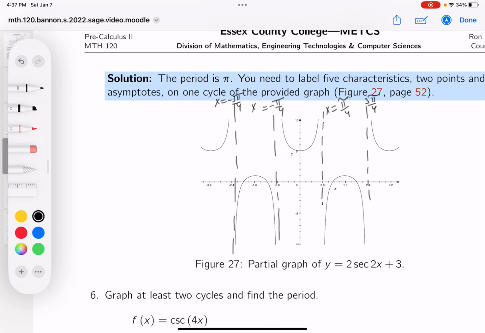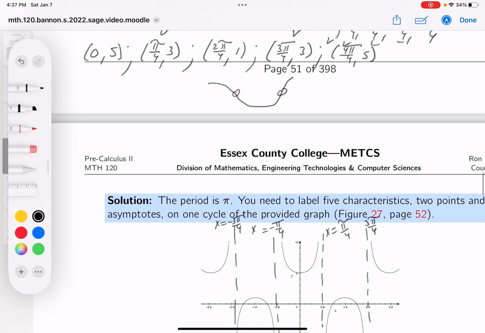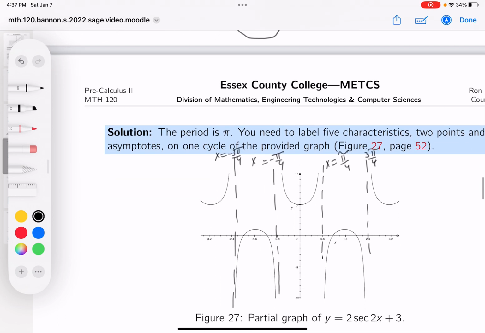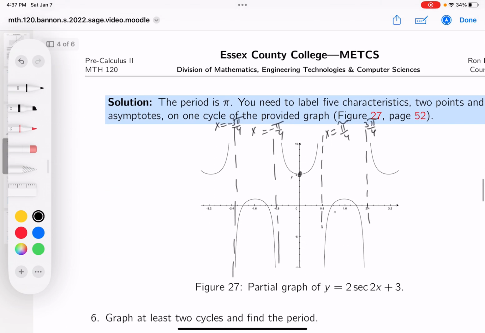Now, certainly, I want to get some other characteristic points over here. So I'm going to say, 0, 5's here. All right, just did that. And then we're going to do this one now. That looks like it's 1, right? And let me see, that's going to be 1.